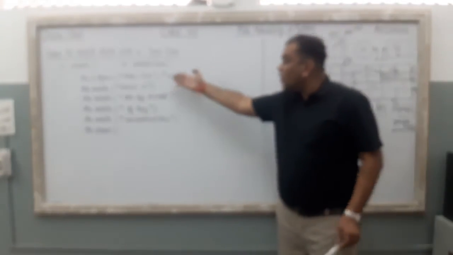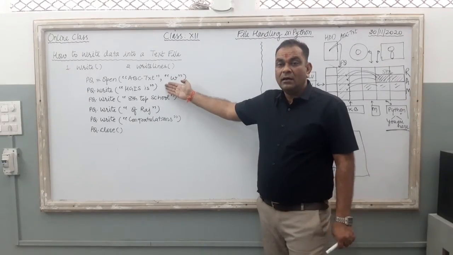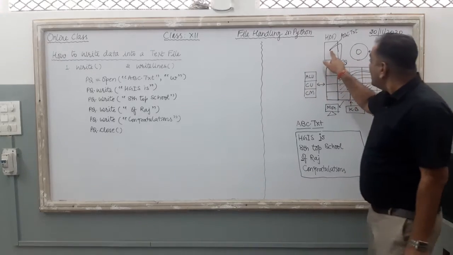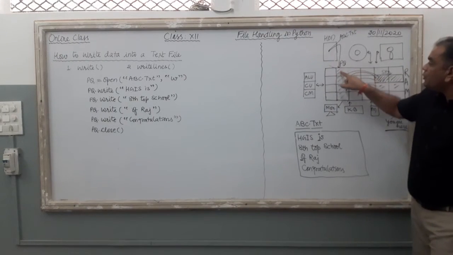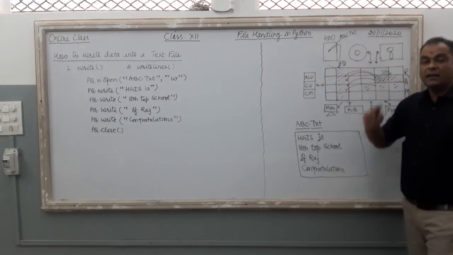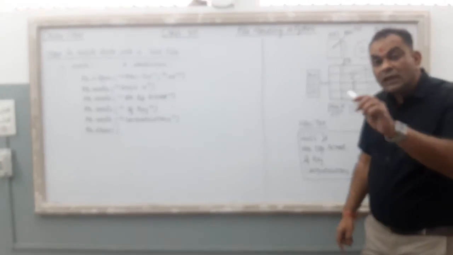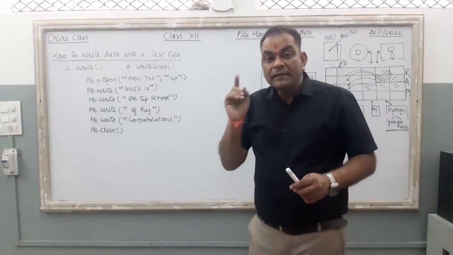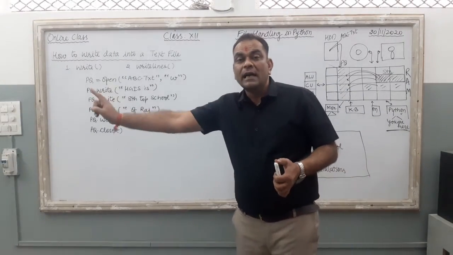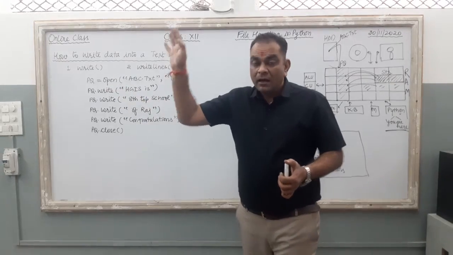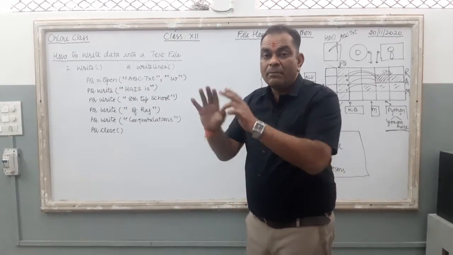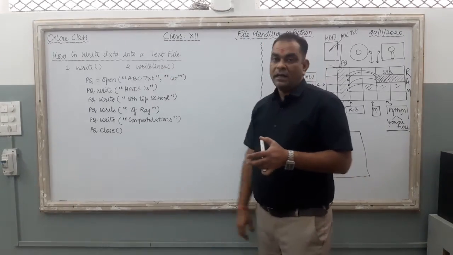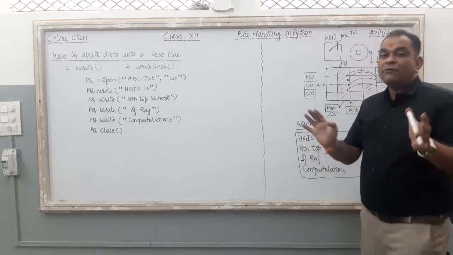If the file is not there in your Python root folder, very first the computer is going to create the file and link your file with pq, the file object variable, right? And on the other side, if the abc.txt file is already there, then the computer wipes out the data that is there in the file, blanks the file, empties the file, and then your new data is going to be stored inside the file, right? It is the default write mode.